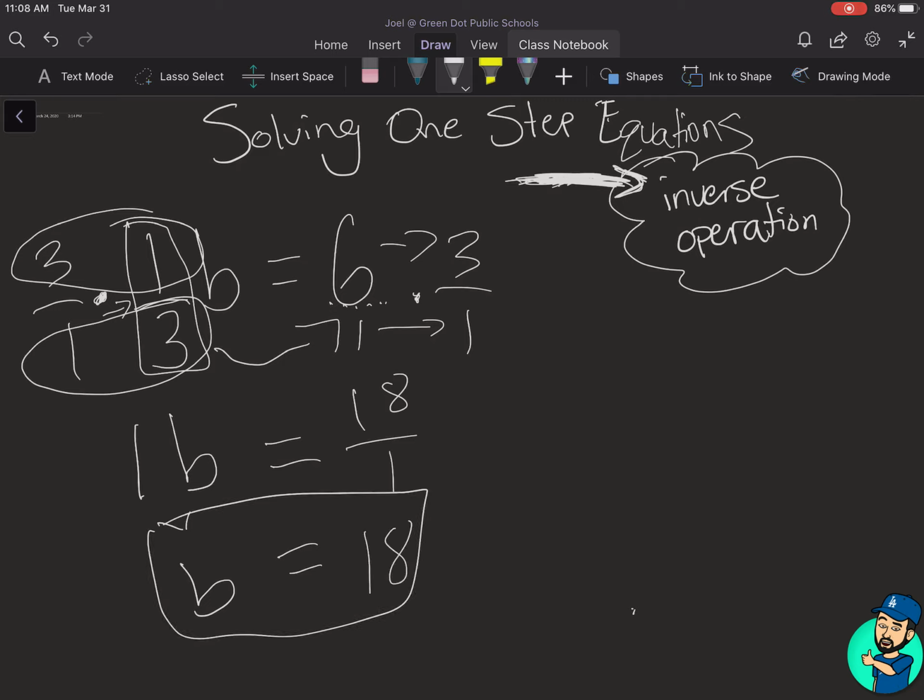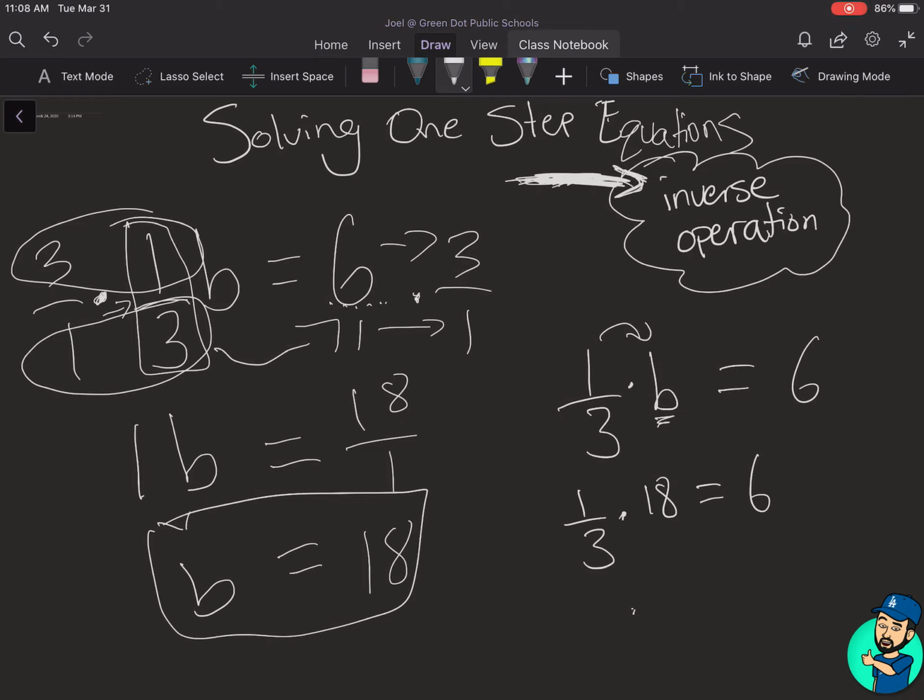Now, if I plug it back to the original problem, we had 1/3 b equals 6. Now, this means 1/3 of what number? 1/3 of what number equals 6? Yes, it is 18. 1/3 of 18 equals 6.